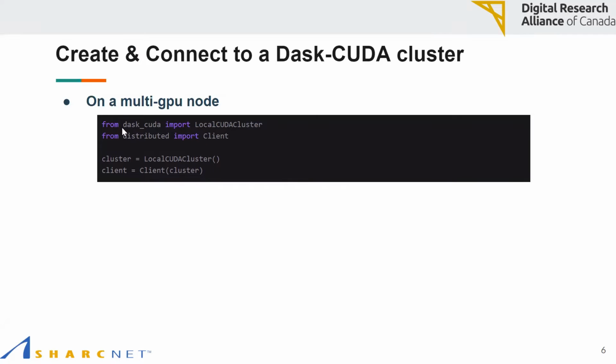From the dask_cuda package you import LocalCUDACluster, and from the distributed package you import Client. By default, the traditional TCP protocol is used for the communications among those workers and the Dask scheduler.